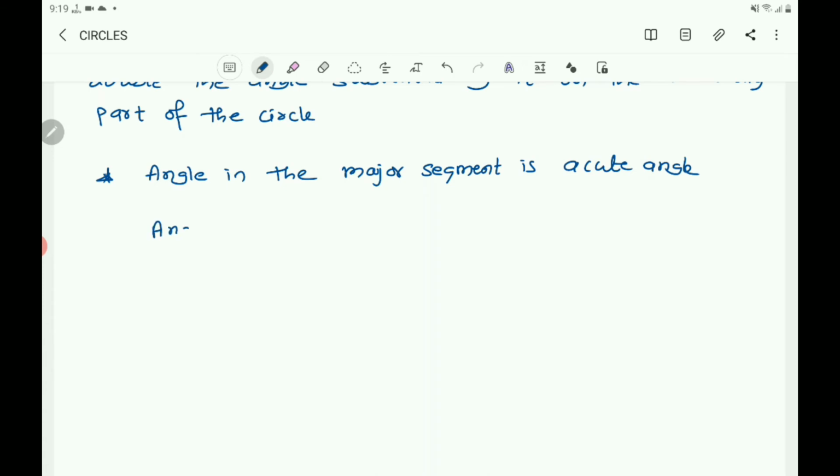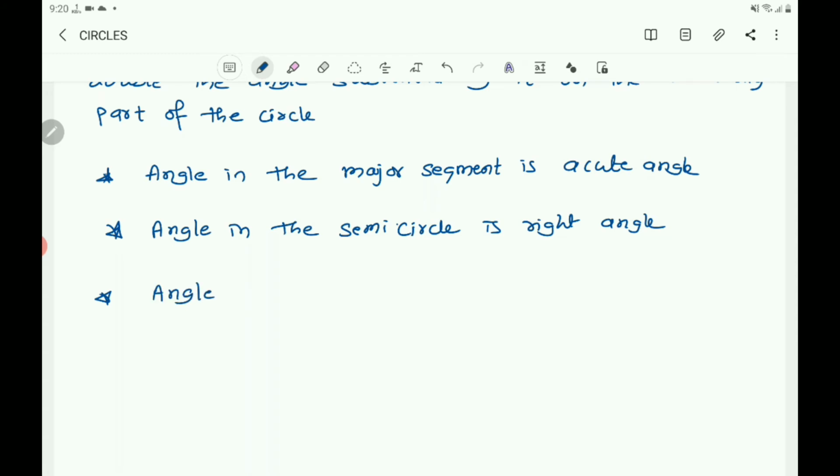Angle in the semicircle is right angle, that is 90 degree. And angle in the minor segment is obtuse angle, that is greater than 90 degree.